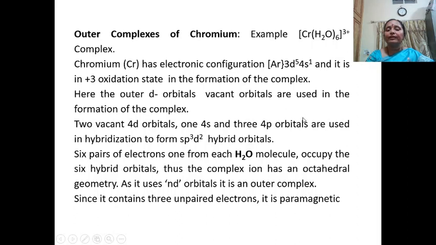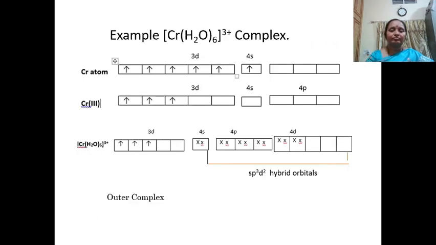The 6 pairs of electrons, one from each water molecule, occupy the hybrid orbitals. Thus, the complex ion is going to have an octahedral geometry. As it uses the nd orbitals, it is an outer complex and it contains 3 unpaired electrons. So, it is paramagnetic in nature.